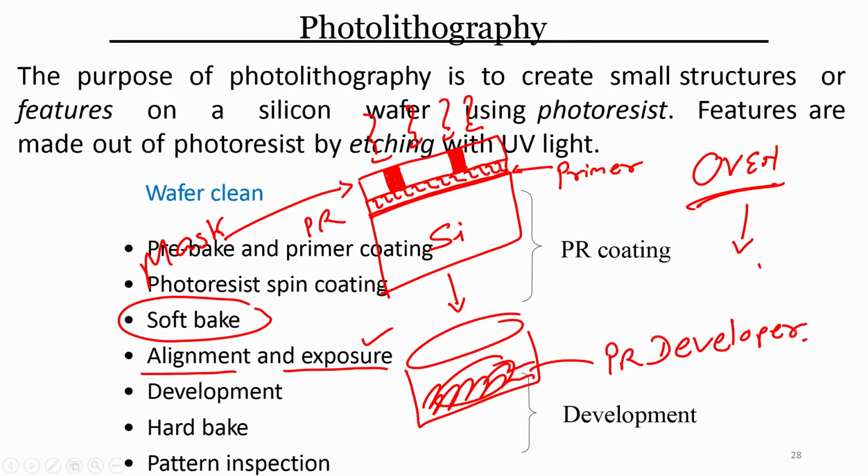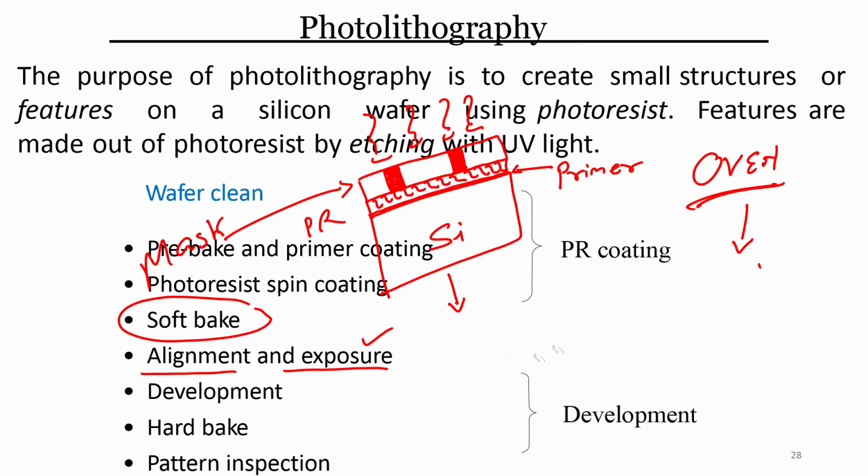After developing photoresist, you have to take out the wafer and perform hard baking. Hard baking in a conventional way for conventional photoresist, that is positive and negative photoresist, is performed at 120 degree centigrade for 1 minute on hot plate.